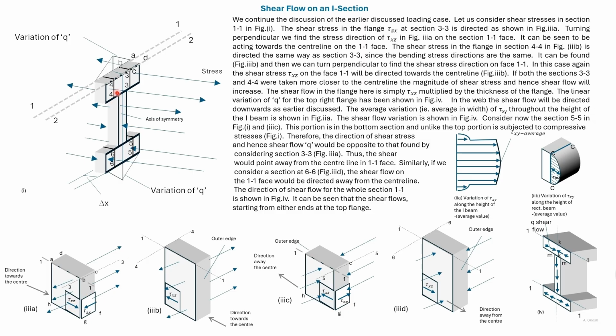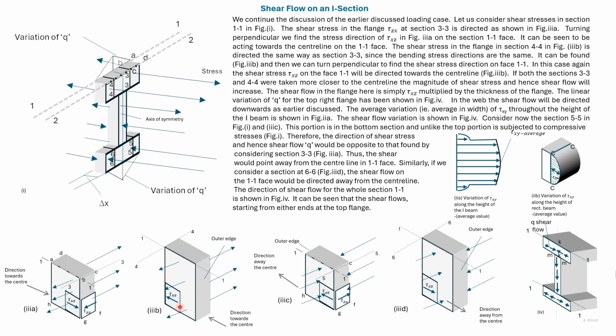Now let us consider this portion. Here again, it has been rotated counterclockwise by 90 degrees and enlarged. Here, the stresses on the right again will be larger than the stresses on the left. This is section 4-4. So we can imagine that the shear stress tau zx on section 4-4 will be directed towards the left.